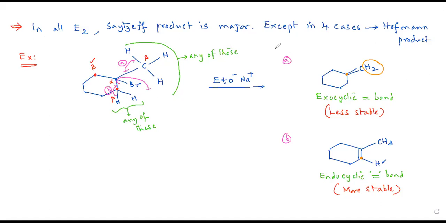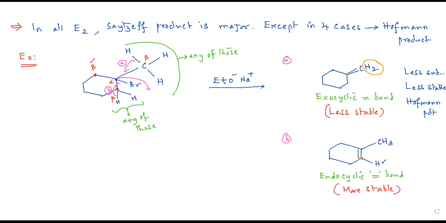So we can say that this is lesser substituted, therefore lesser stable. Lesser substituted, of course, is said to be Hofmann product.